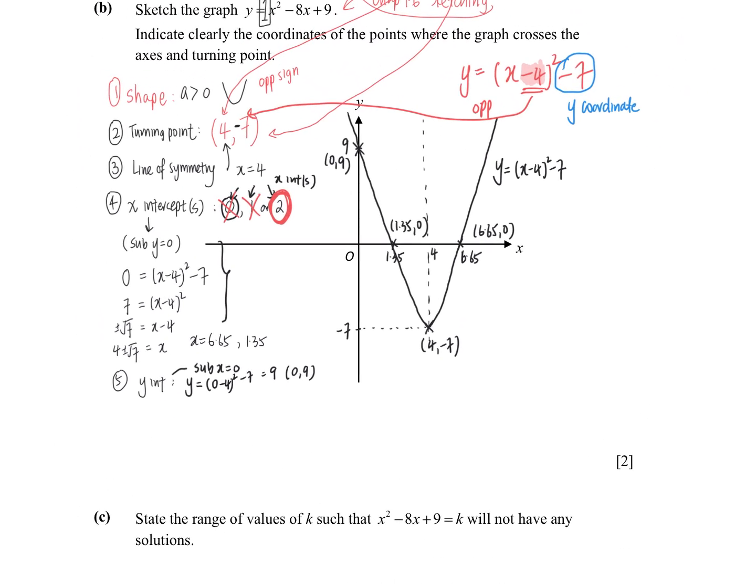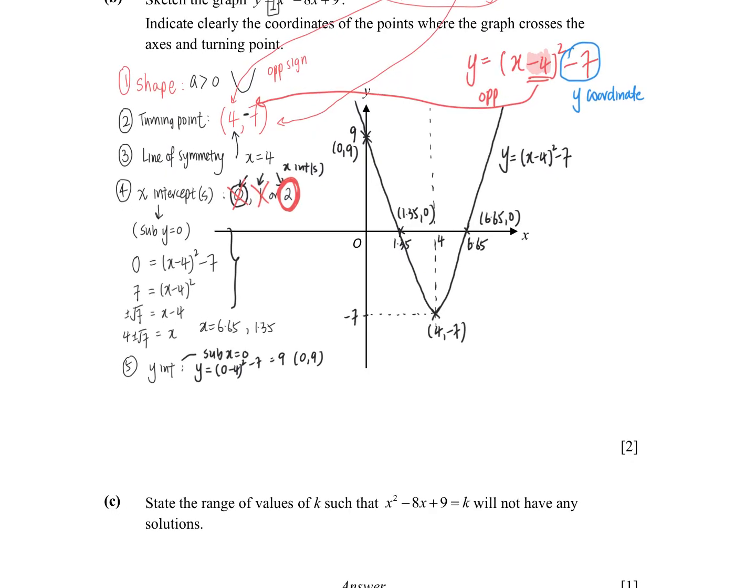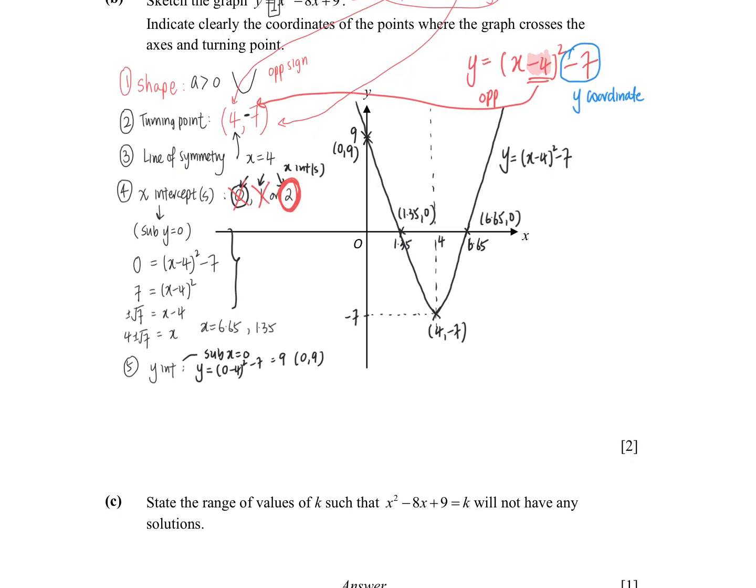I want the range of values of k such that this will not have any solution. Refer carefully. This is your equation y. They are saying they want your curve to meet the line y equals to k.